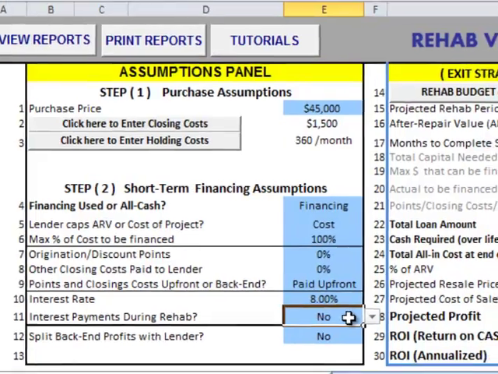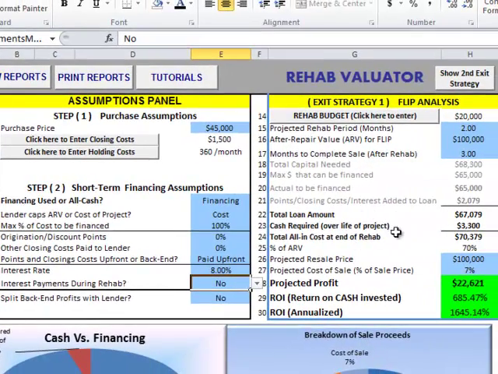Obviously, the cash required, and you can see here in the software, if you're making interest payments, your cash required over the life of the project is $5,300. So we always assume that your closing costs when you purchase the deal and your holding costs will come out of pocket.